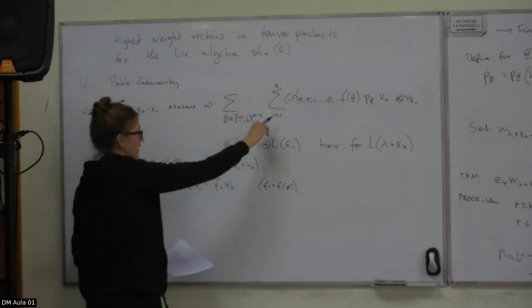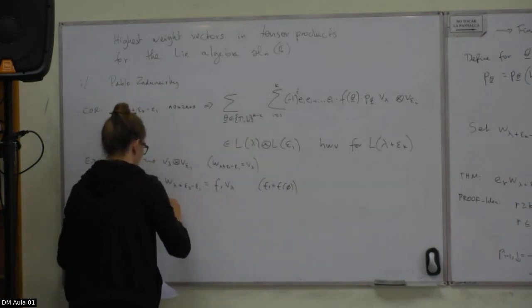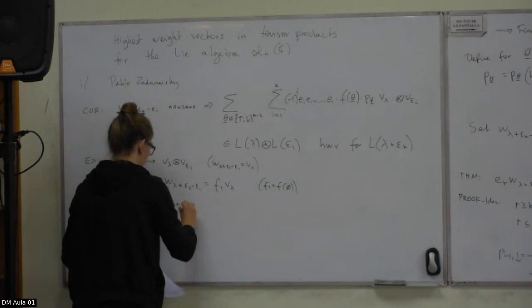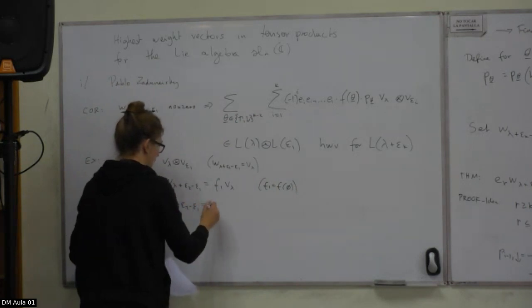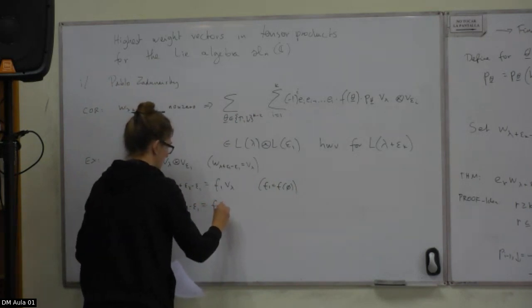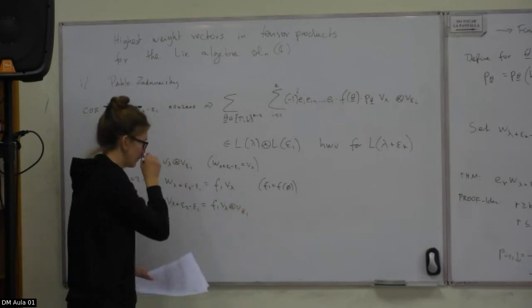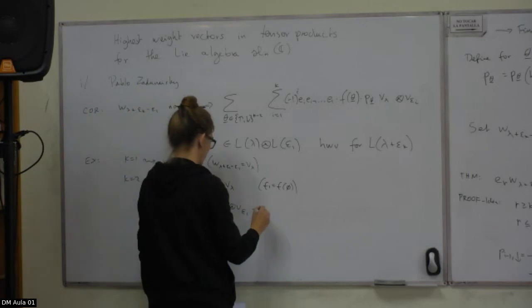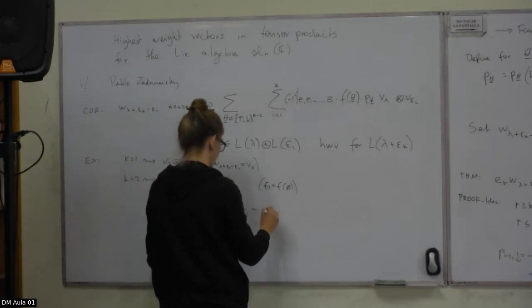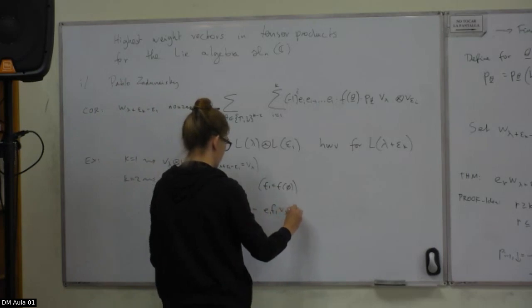Now this alternating sum will give that v lambda plus epsilon 2 minus epsilon 1 is equal to: first we just take that guy without changes, and then it's minus e1 f1 applied to v lambda, tensor epsilon 1.